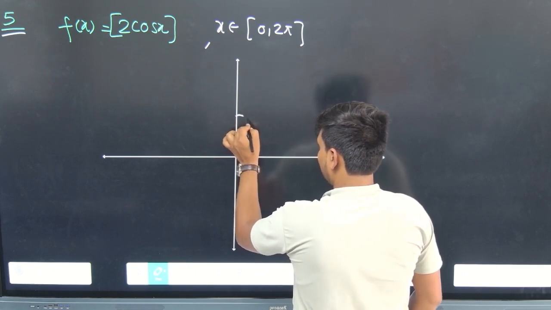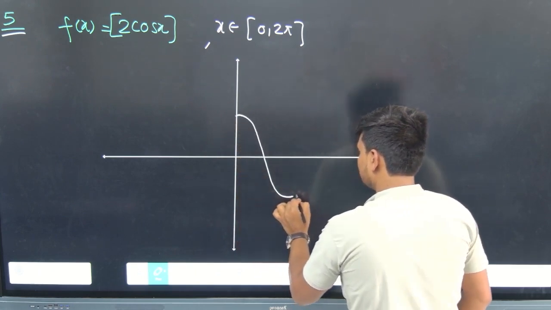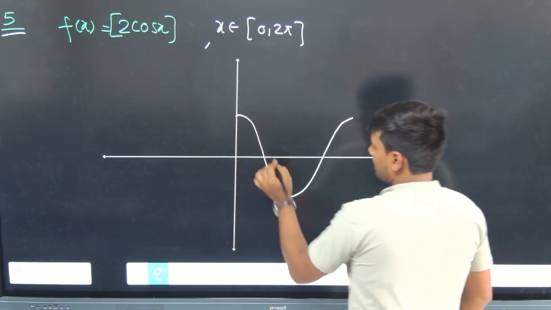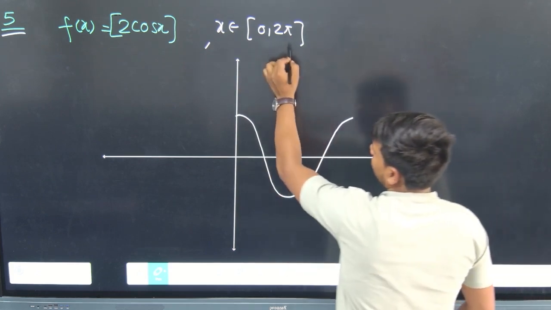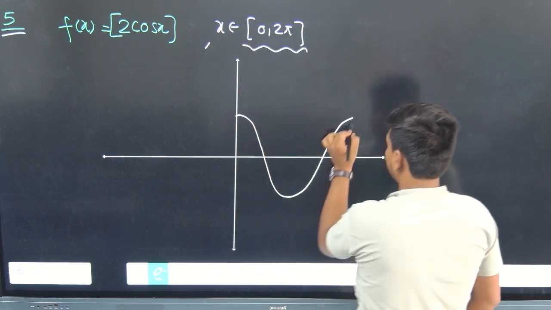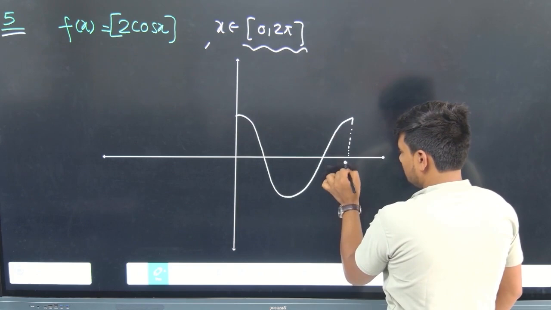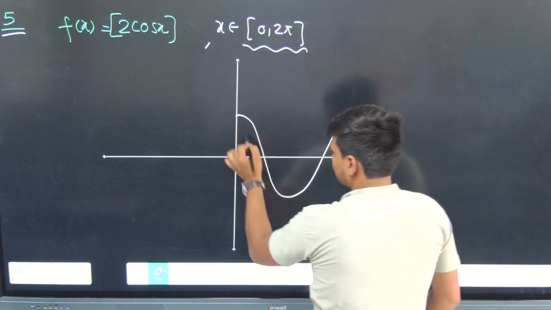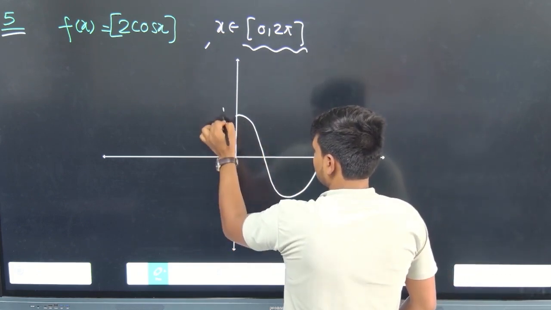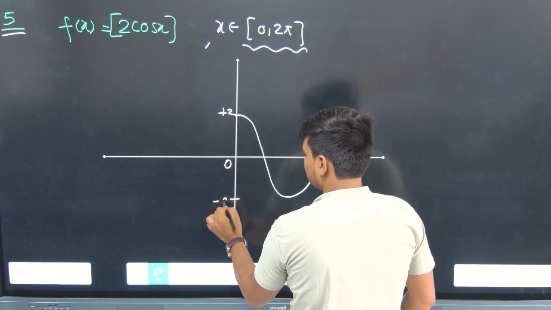The graph of 2 cos x is like this one. And we have to find the discontinuity on this interval 0 to 2 pi. So this is 2 pi, this is 0, this is plus 2 and this is minus 2.